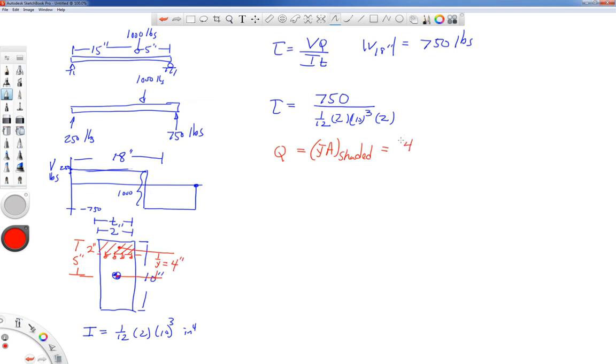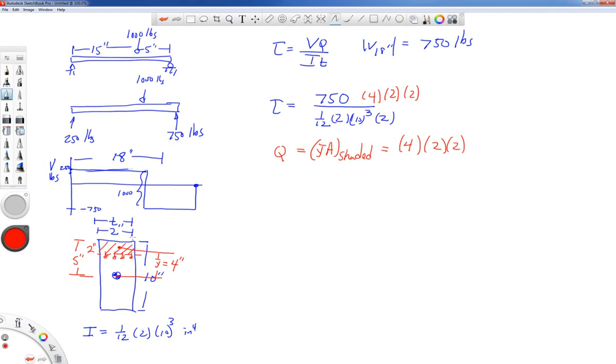So the Y bar is going to be 4, and the area that I just shaded in is 2 tall and 2 wide. So what goes in here for Q is going to be 4 times 2 times 2. We put all those numbers together and we have our transverse shearing stress at 2 inches from the top.